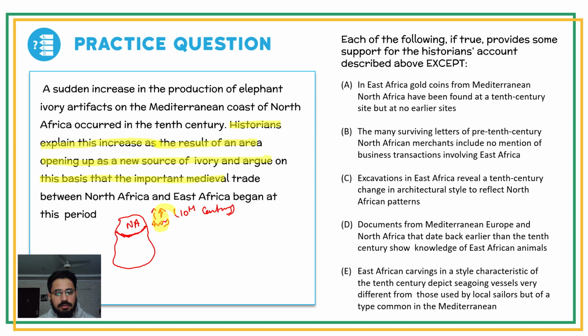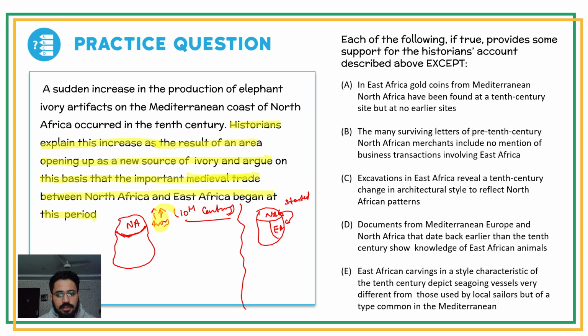the important medieval trade, this is medieval time, is it? It's 10th century, yeah. That the important medieval trade between North Africa and East Africa began at this period. So you have the argument of the historians, which are saying that the important trade between North Africa and East Africa started during this time.